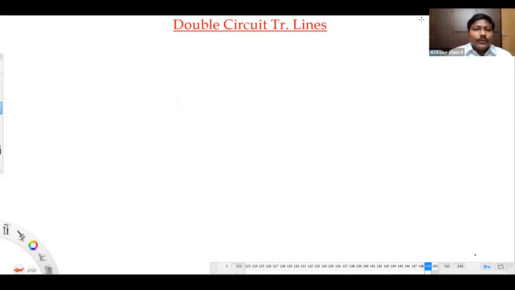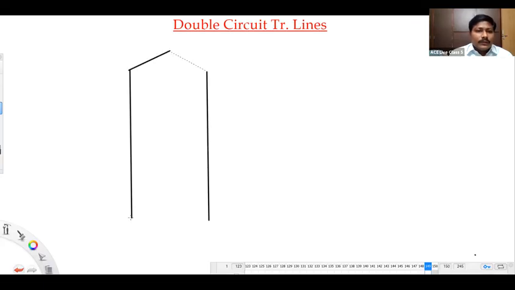Let me show you. This is a transmission tower I am showing. It is grounded. And I'm showing cross arms on both sides, something like this.